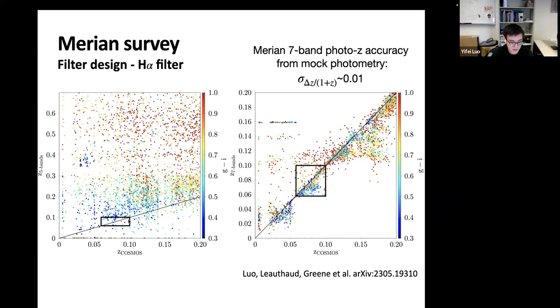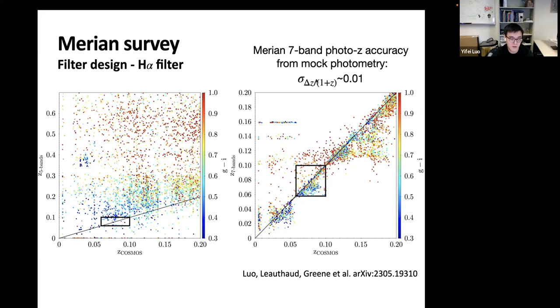And the black box is our Merian redshift range, our Merian target dwarf galaxies redshift range. It's really bad. However, on the right is the Merian 7-band photo-z versus the true redshift. It's much better than the 5-band photo-z, and well, as you can see, it's not great. It's not really one-to-one, but it's already good enough for weak lensing measurement.